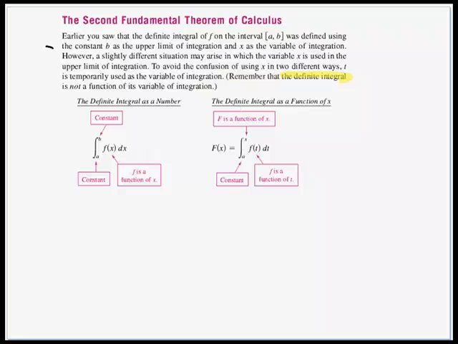So on the left, the definite integral as a number from a to b of our function. The definite integral as a function of x. We have our lower limit a, our upper limit is a variable, and then we also have our variable of integration. The definite integral is not a function of this variable of integration.